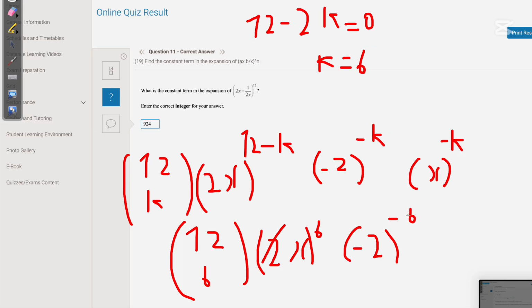So this and this cancel, since it's opposite powers, it just goes. So 12c6 is 924.